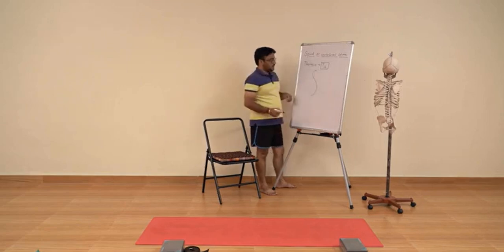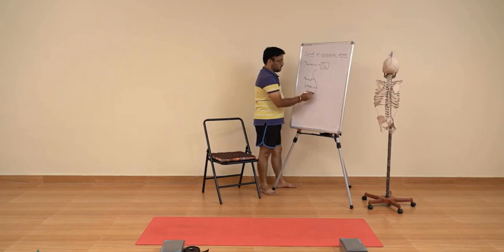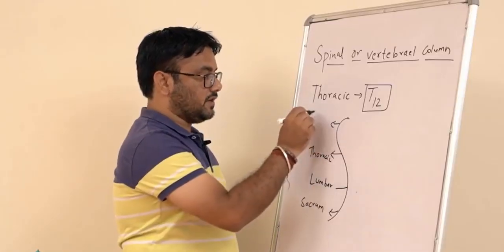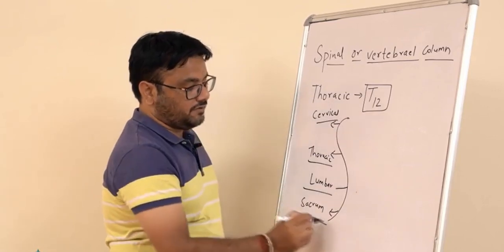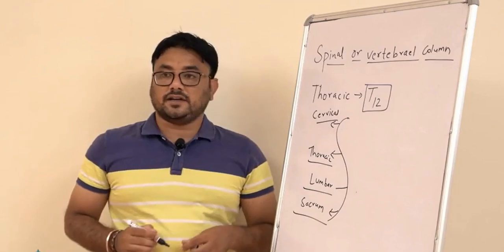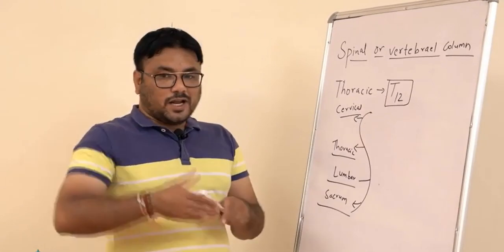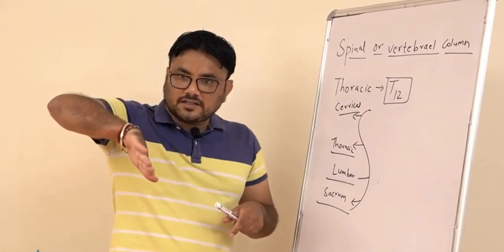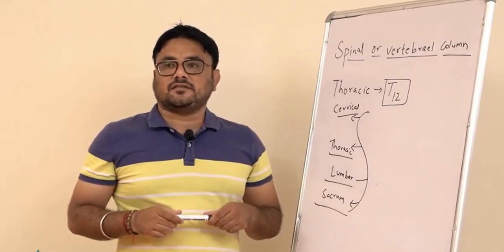From the thoracic, suppose here is the thoracic, lumbar, sacrum, cervical spine. Normally, we have four natural curves on the spine. So cervical, thoracic. This thoracic curve gets more increased when it increases in its convexity.